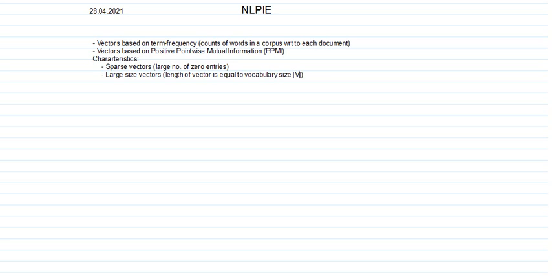So if there are 1000 words in a given corpus, each vector size will be 1000.